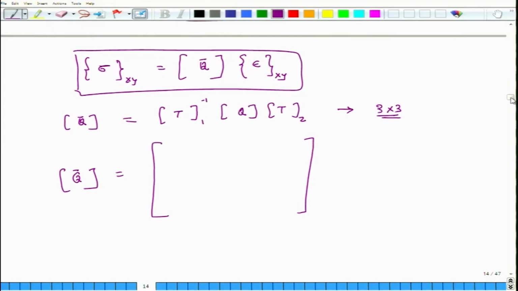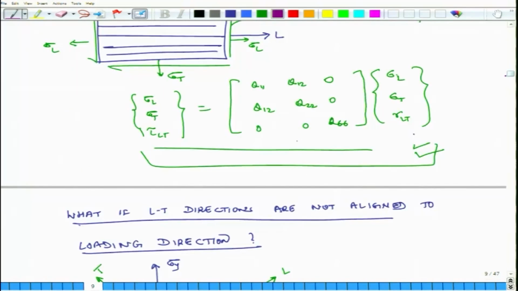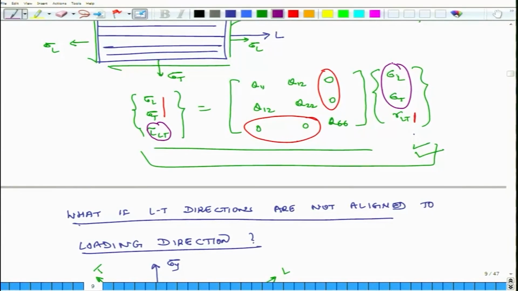So, the Q matrix, if you remember, is not fully populated. Why? Because these 2 elements are 0 and these 2 elements are 0. And what that means is that the extensional stresses and the shear strains are not coupled and similarly the shear stress is not coupled with extensional strains because these terms are 0.